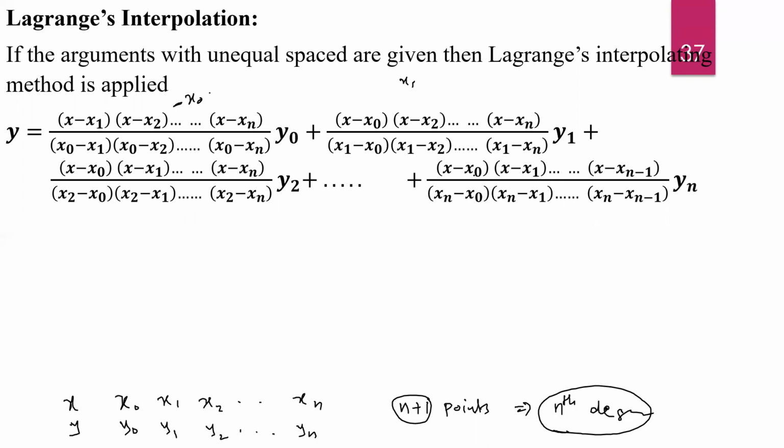That is x minus x0, x minus x1 dot x minus x suffix n minus 1. So there are n factors. The same factors are written in the denominator, only instead of x write xn minus x0, xn minus x1 dot xn minus x suffix n minus 1, into y suffix n.